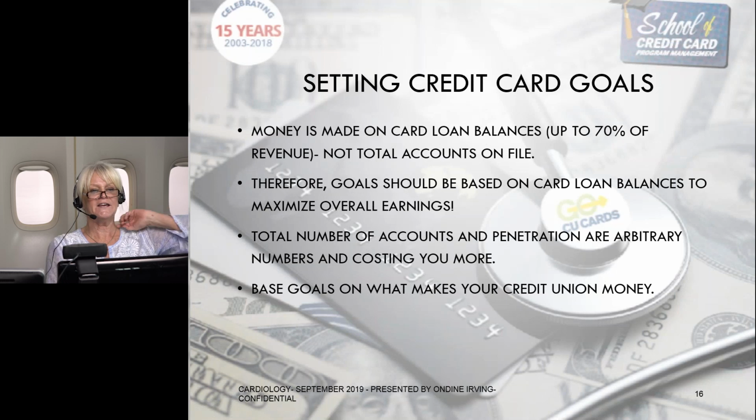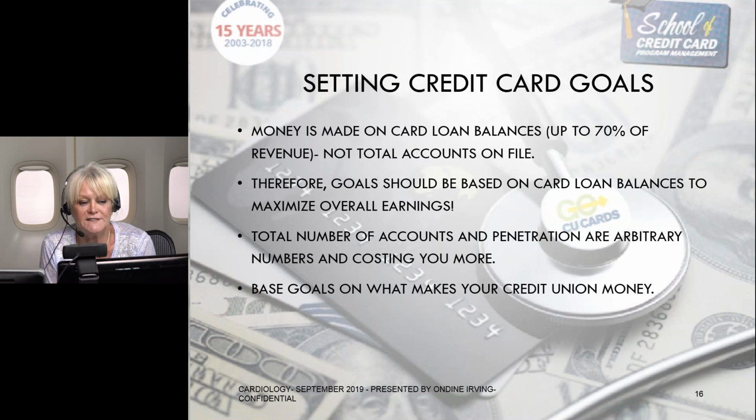Okay, so here, key profitability numbers. I cannot reiterate enough that money is made on card loan balances. 70% of your card program revenue needs to be coming from finance charge income. That is why you cannot structure your program like a bank. We do not base profitability the same way.